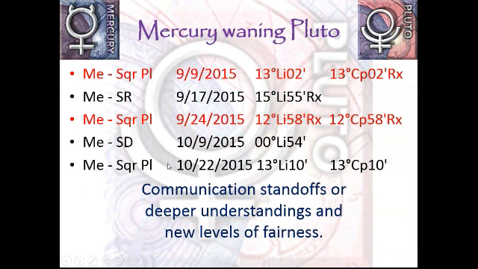So as we're getting to Pluto stationary direct, the end of its cycle, in essence, we're going to have some communication standoffs, lines in the sand, trying to control the conversation, trying to control who says what, trying to make somebody else follow us and do what we want to do. Distortions. Or we're going to be making that effort to listen and reach deeper understandings within ourselves and our relationships.